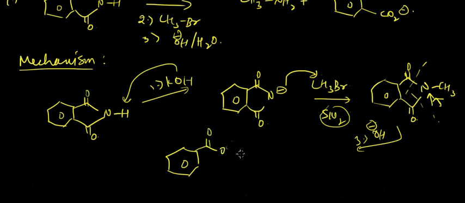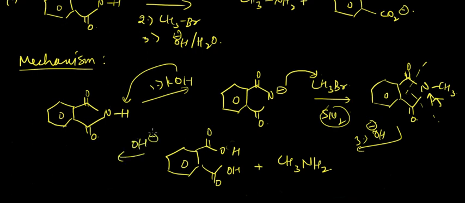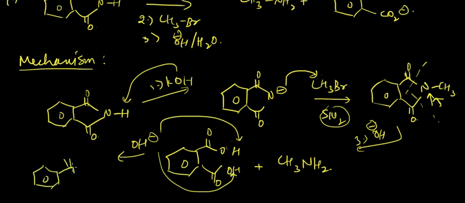First step OH would be formed, and again this OH would then be converted back into carboxylate, because it is a carboxylic acid and carboxylate ion will form because carboxylic acid is a strong acid. So this and this are the two products formed.